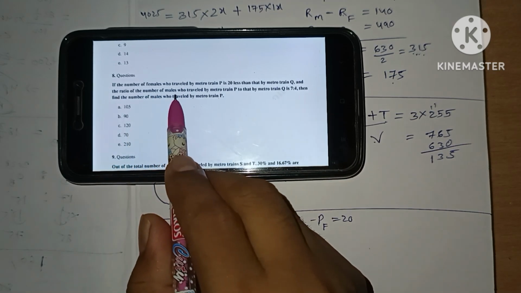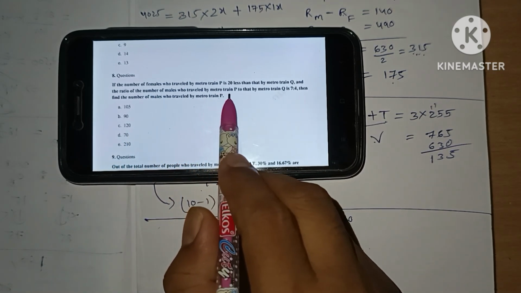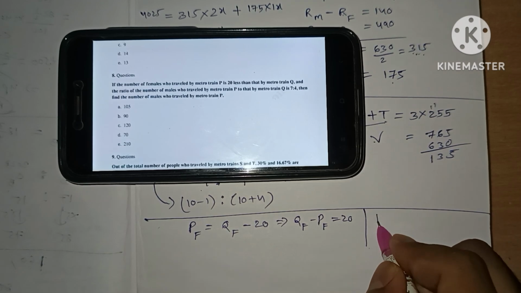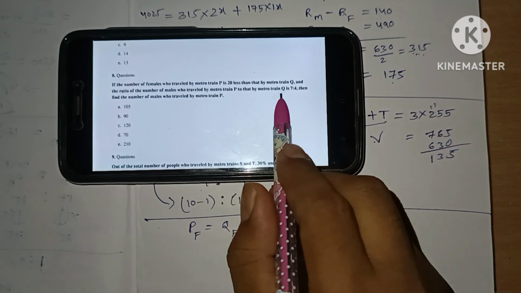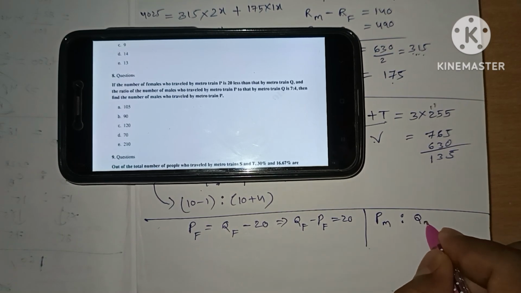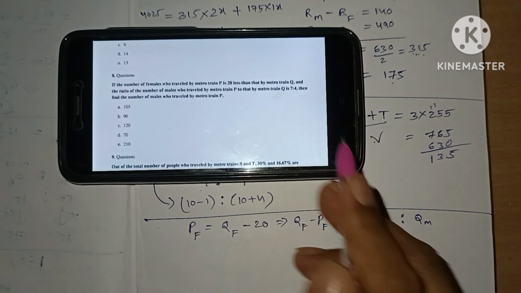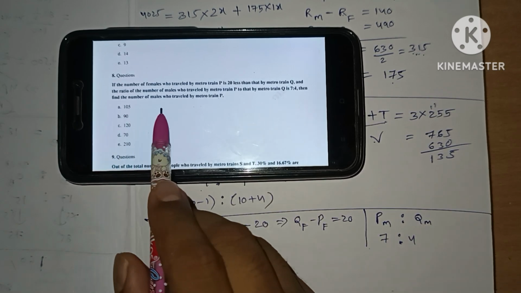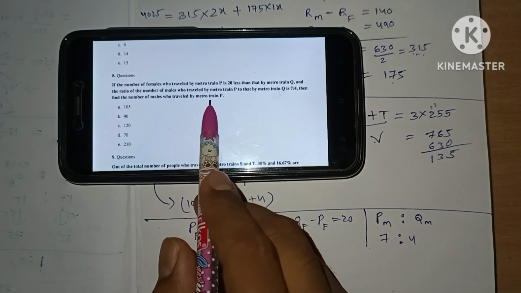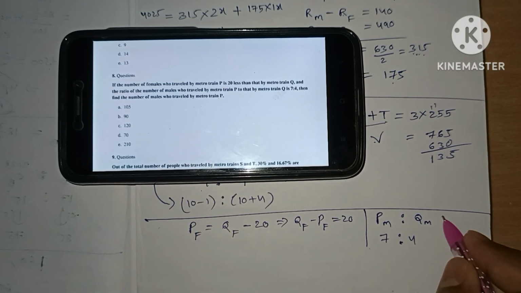The ratio of the number of males who traveled by metro train P to that of train Q is given as 7:4. Then find the number of males who traveled by metro train P. This is the question asked.